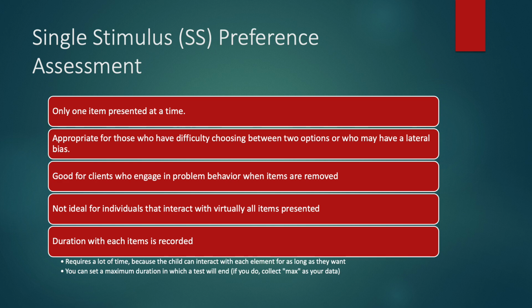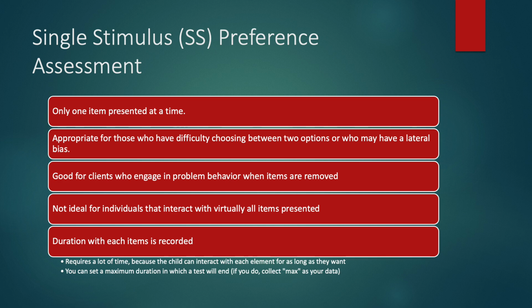Now, if you have a client that engages with every single item in the exact same way, then this is not ideal, because they're going to just interact with whatever you place in front of them, no matter what the item is. So they're not interacting with the items because the item is a preferred item, but rather because you've placed it in front of them and it's available for them to interact with.